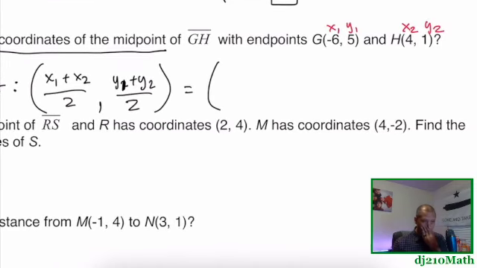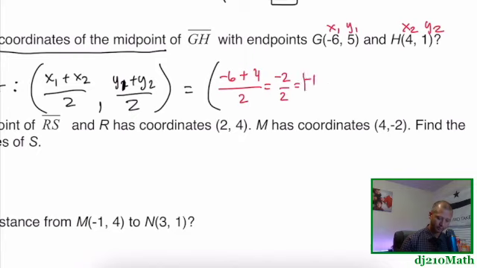Okay. We have x1 plus x2. Technically, negative 6 plus 4, right? Keeping the formulas straight. Not that it matters. Negative 6 plus 4 is negative 2, over 2, which is negative 1.